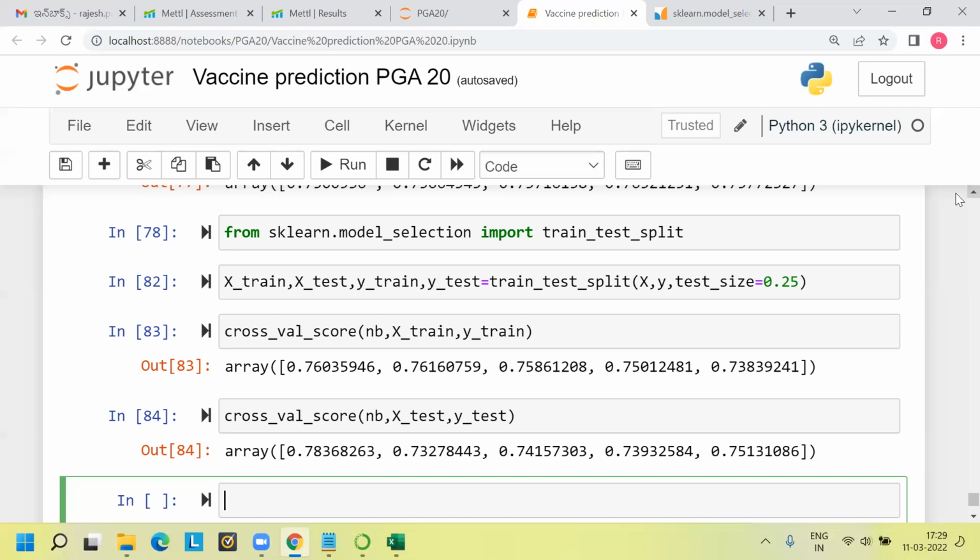Got it, all of you? People have completed NB tests, do it for logistic regression also. Extend cross validation score for logistic regression. Logic comma X_train, Y_train, logic comma X_test, Y_test.